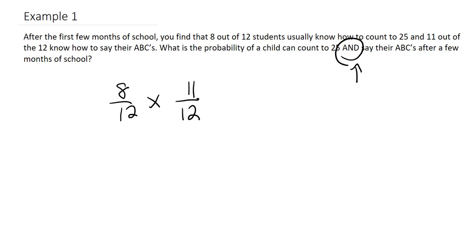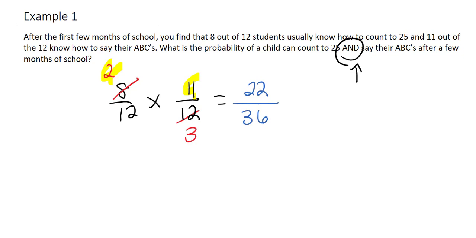probabilities together. Before we do that, we notice that we have an 8 here and 12 here. So we're going to make this into a 2, and this will become a 3, because we divide by 4 on both of those numbers. Then we multiply the top: 2 times 11 is 22. 12 times 3 is 36.